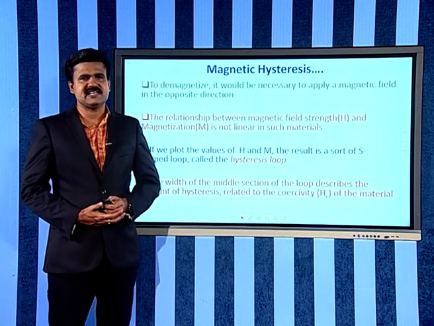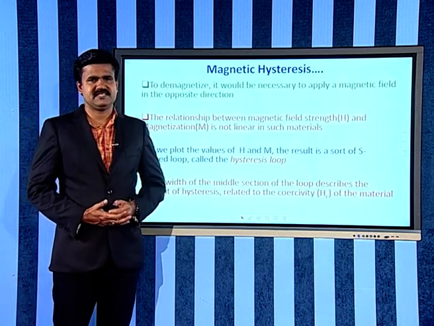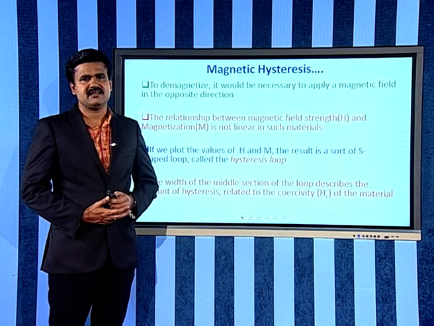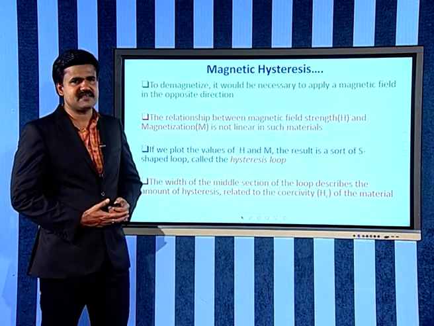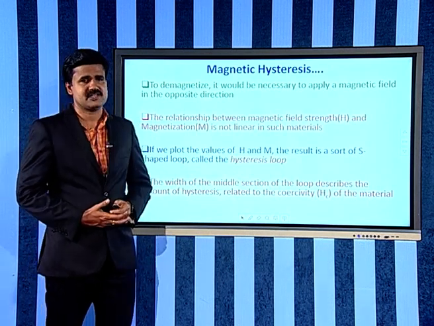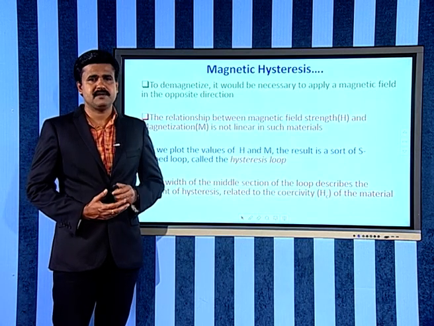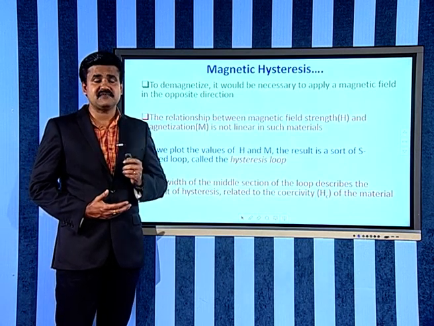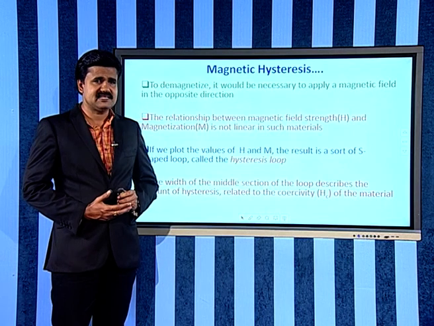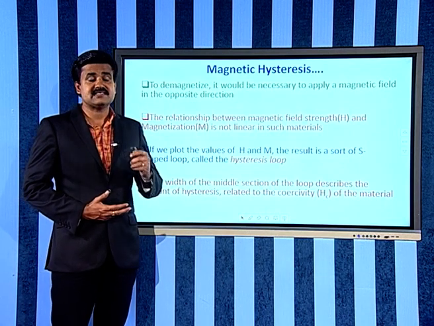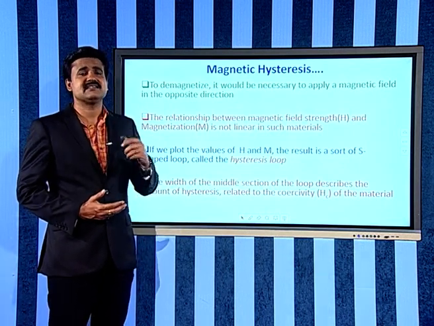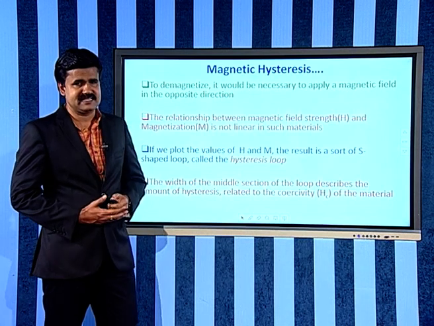To demagnetize a magnetic material, it would be necessary to apply a magnetic field in the opposite direction. The relationship between magnetic field strength H and magnetization is not linear in such types of magnetic materials.